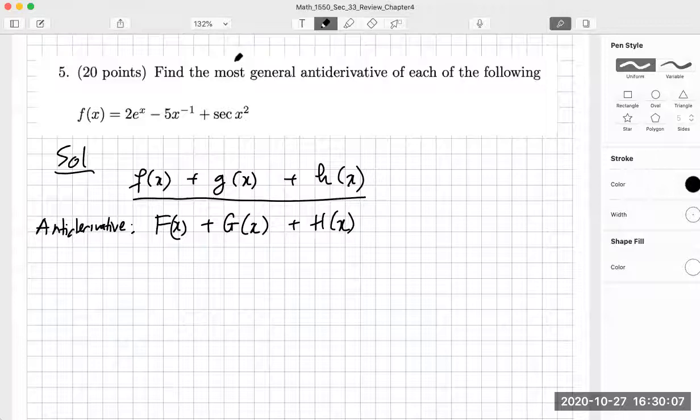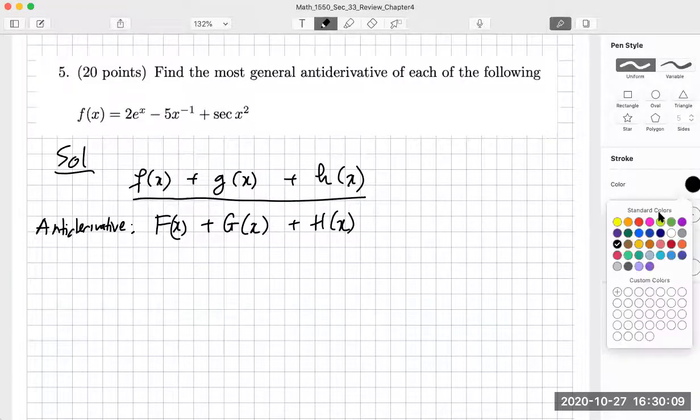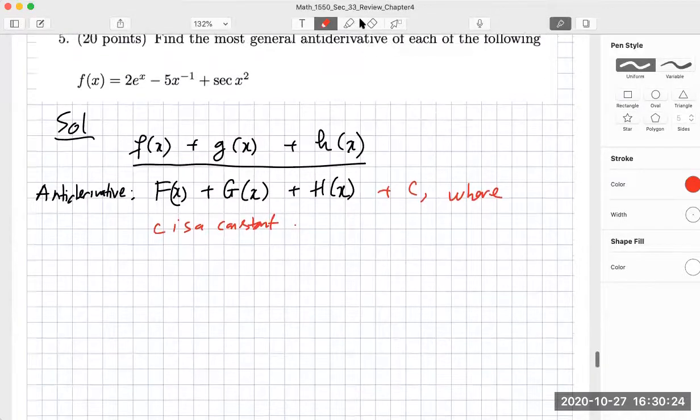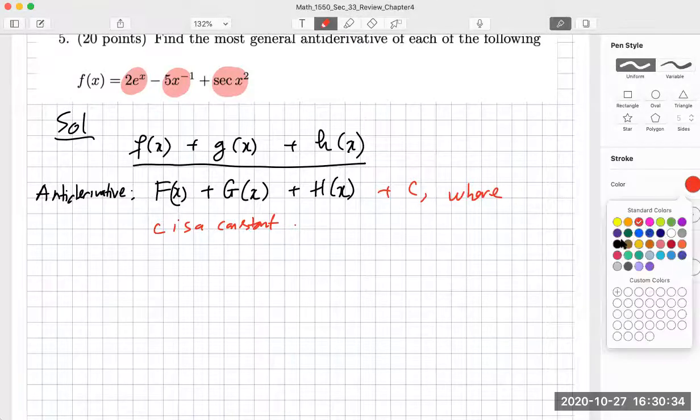And for the most general antiderivative, we add a constant. So it means that we need to find the antiderivative of this guy, and this guy. So we do it step by step, one by one.